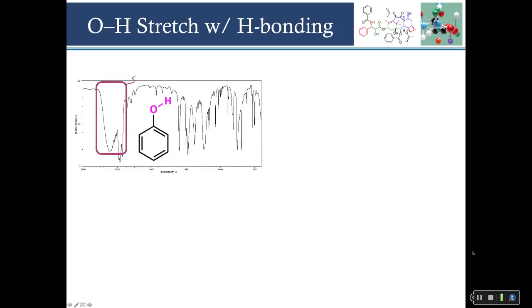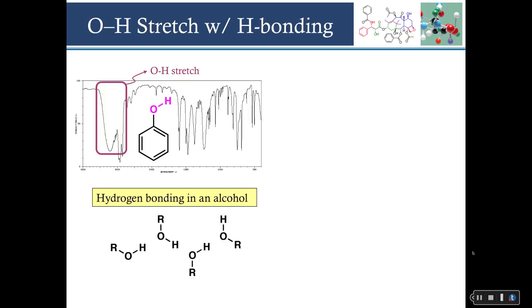So let's take a look at why this is, right? This big loopy dog's tongue. If we've got alcohols around, there's not just a single molecule of phenol. There are going to be a number of phenol molecules around, and there's a dipole moment. We can have hydrogen bonding from one alcohol to the next alcohol.